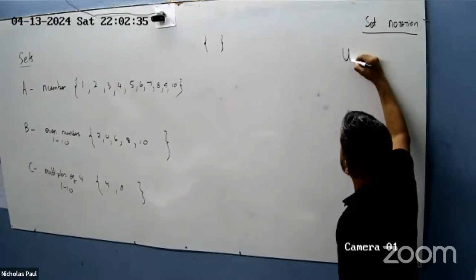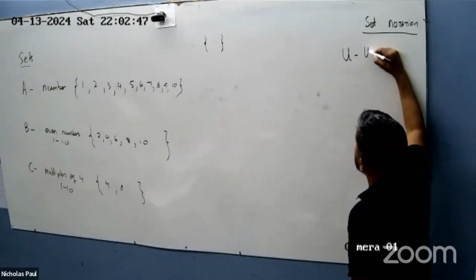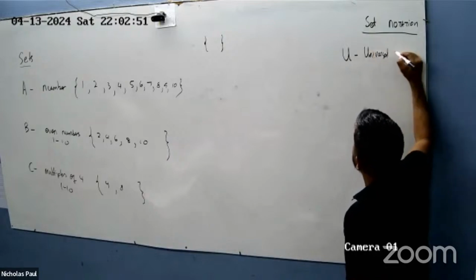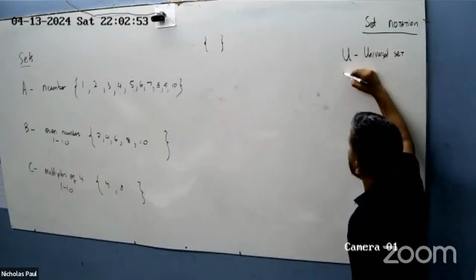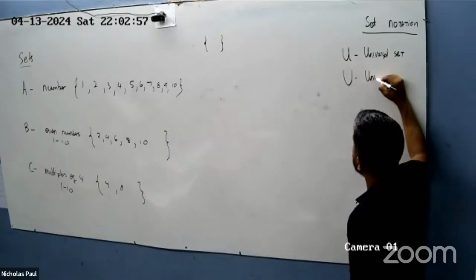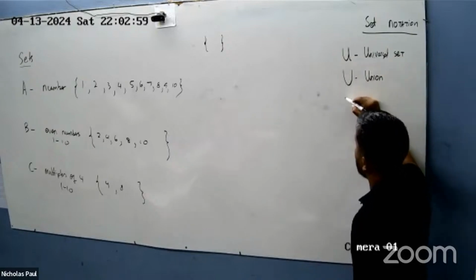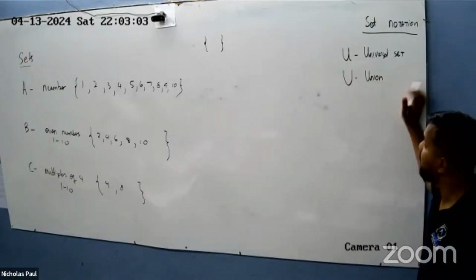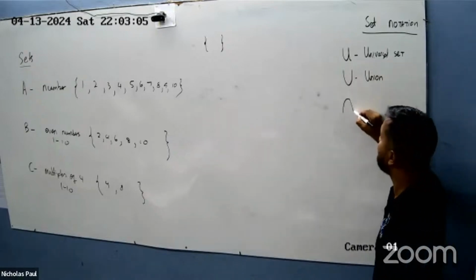So we need to know what this is. Capital U, that is your universal set, right? Kind of U looking like this, that's called union. Leave a little space after to write what it represents, right? Upside down U, that is intersection.